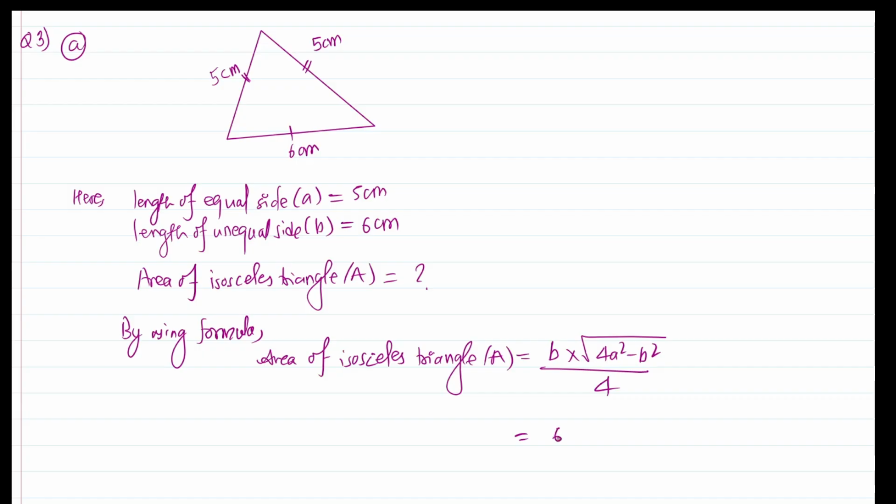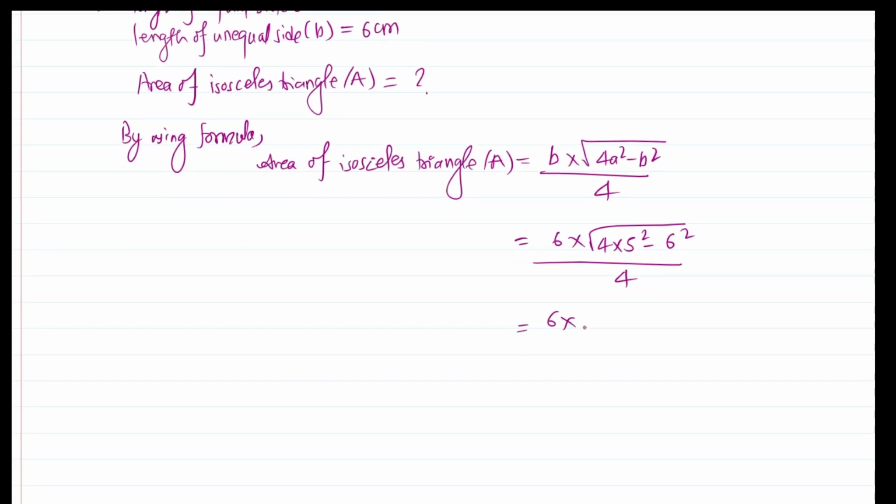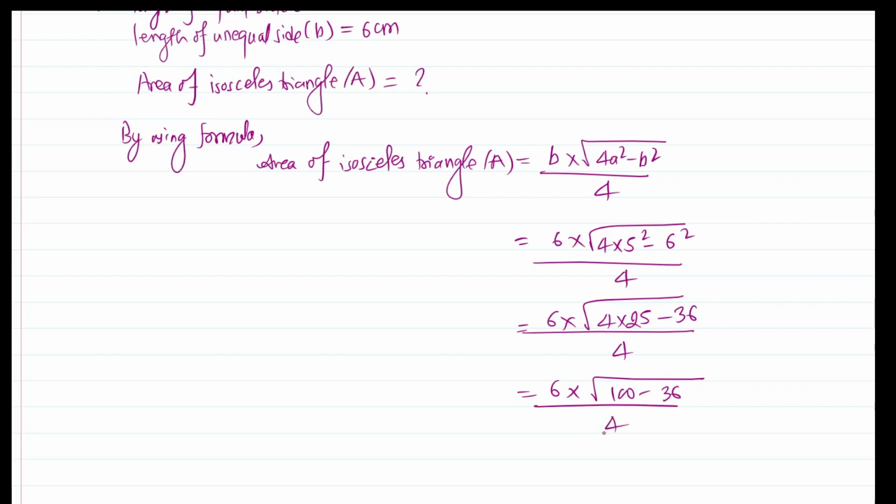B is 6 centimeter and A is 5 centimeter. 6 times under root 4 times 25 minus 36 whole divided by 4. 6 times under root 100 minus 36 whole divided by 4.